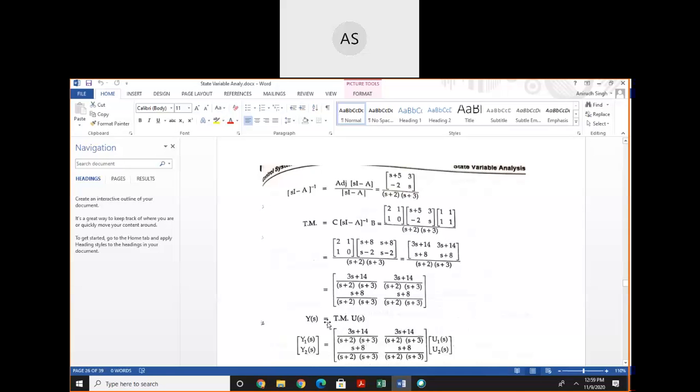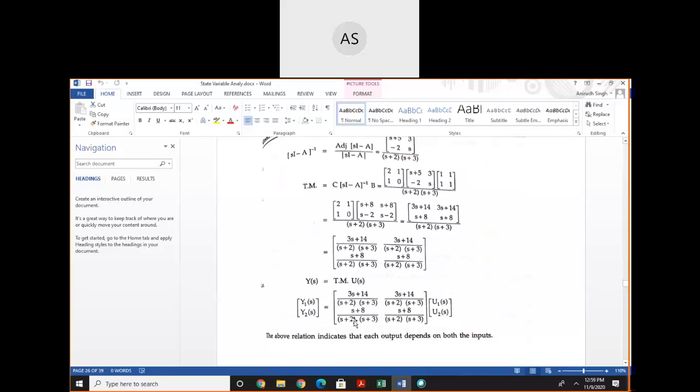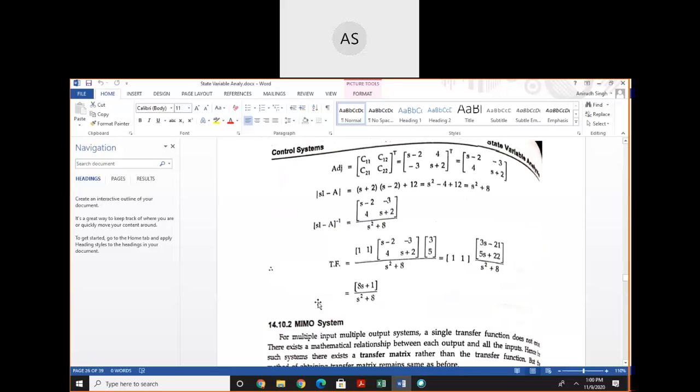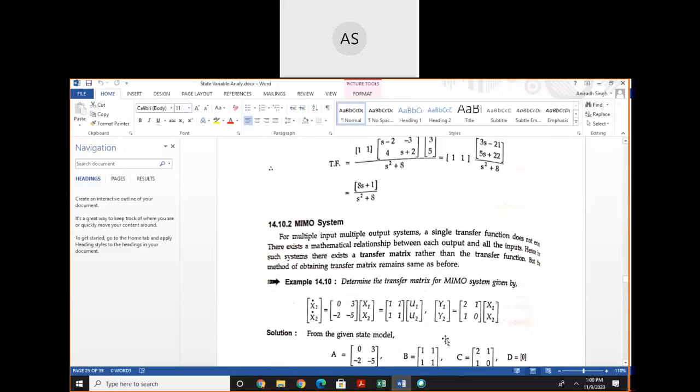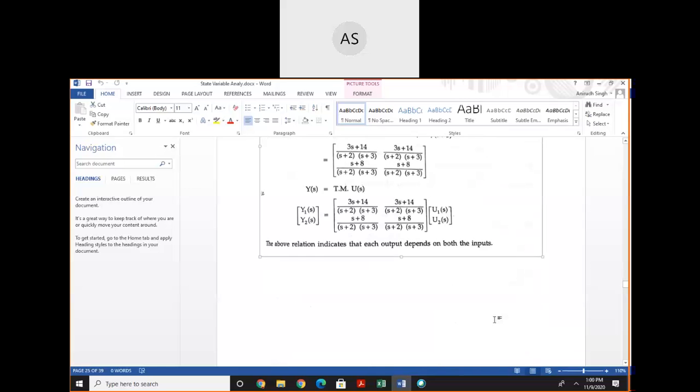And we know that the output Y(s) is equal to the transfer function, or transfer matrix, multiplied by the input vector. So we can say that there are two outputs, two inputs and two states.